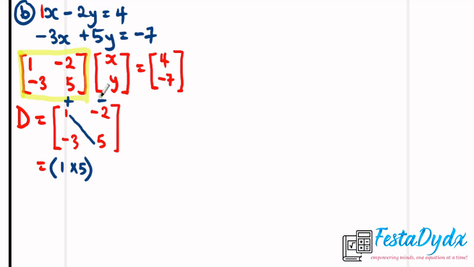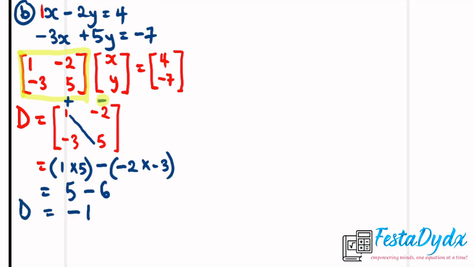Remember this minus sign here. So let's have it minus, and then we'll have minus 2 times minus 3. So this is going to give us 1 times 5 is 5, minus, then minus 2 times minus 3 gives us a positive 6. Now we are left with 5 minus 6, which is equal to minus 1. So our normal determinant is equal to minus 1.